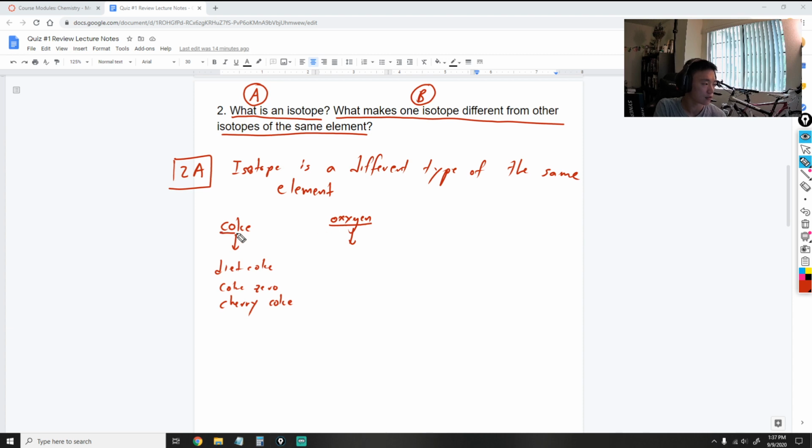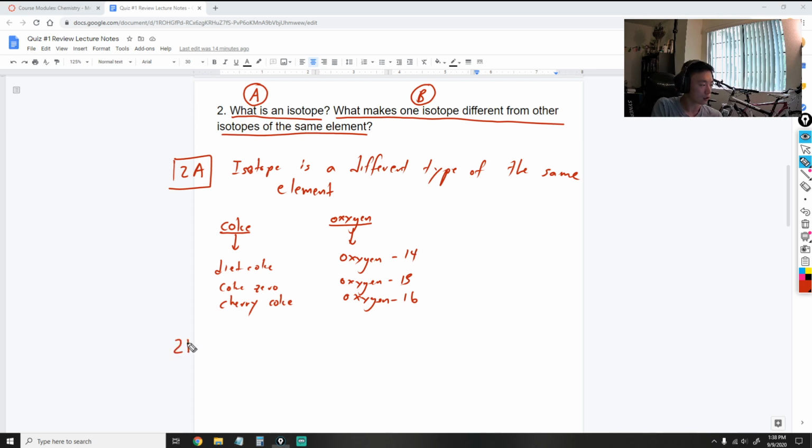Okay, just like how there's different types of Coke, there's different types of oxygen. We have things like oxygen 14, oxygen 15, and so on and so forth. I'll just write one more, oxygen 16. Okay, so the answer here would be isotopes are different types of the same element. Okay, just like how you can have different types of the same soda, you can have different types of the same element. Okay, so that's 2A.